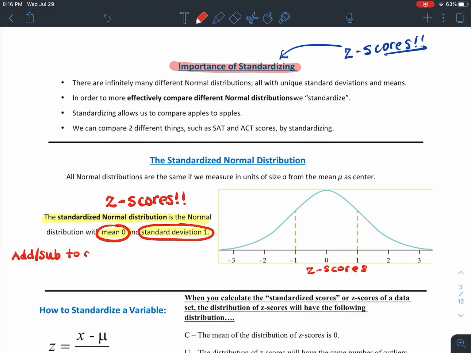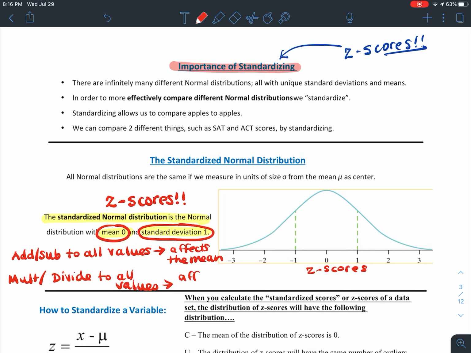When you add and subtract to all the values, it affects the mean. And there's a reason I'm reviewing this, because this is going to be relevant to what we're going to talk about. When you multiply and divide to all the values, it affects the mean and the standard deviation.